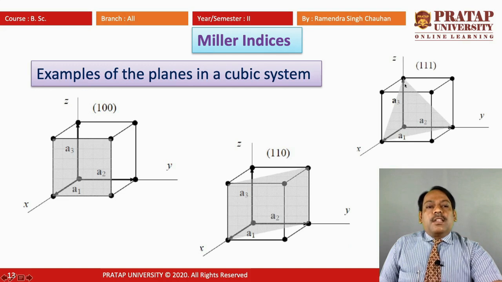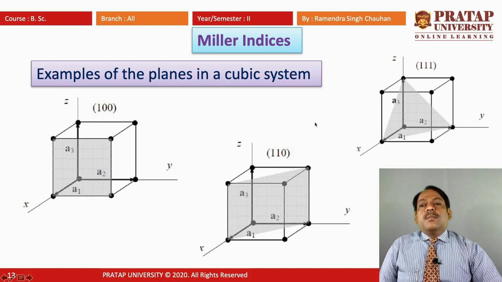And now we take this plane, which is the 1 1 1 plane. In the 1 1 1 plane, the intercepts along x, y and z are all unit cell dimension. So, we have this plane 1 1 1, and it can be represented here.